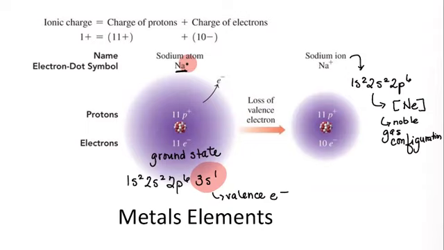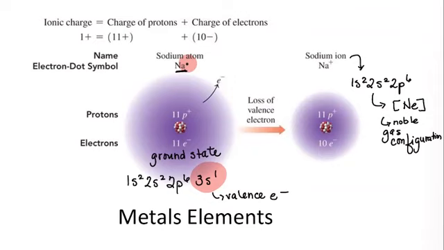So the goal of many elements in the periodic table is to have stability, because once you have full valence shells, you are not going to be as reactive. You're not going to be radioactive. At the atomic level, having a full valence shell gives you stability.